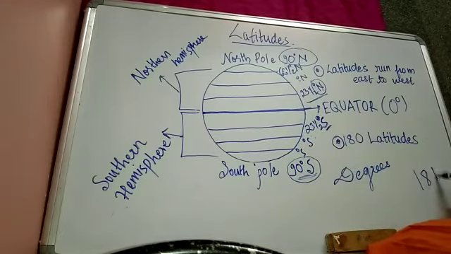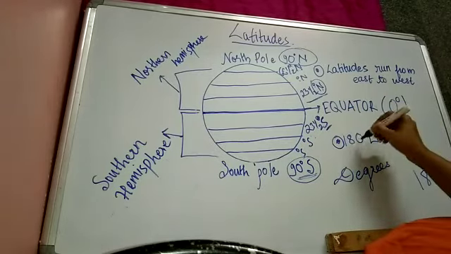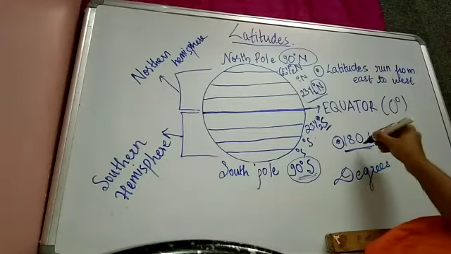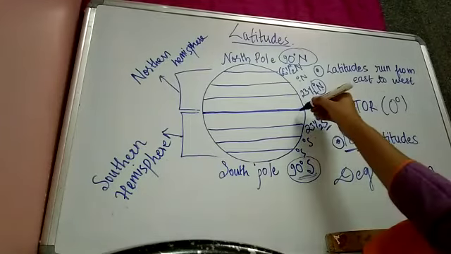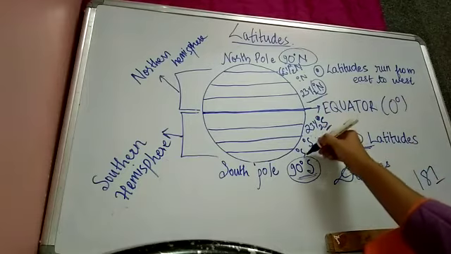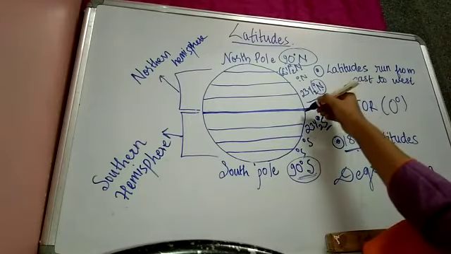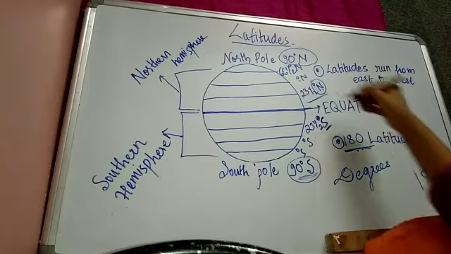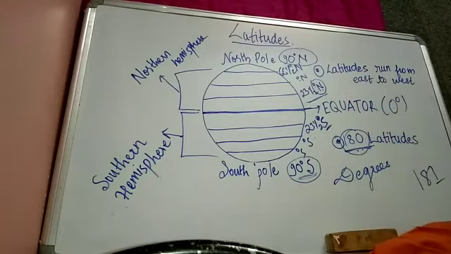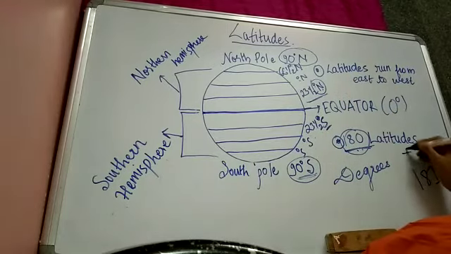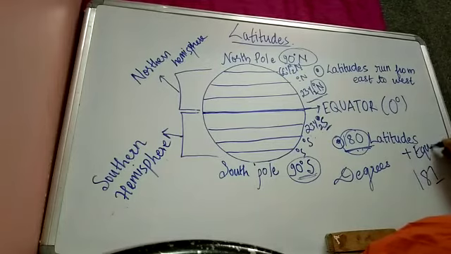There are 181 latitudes. Actually there are 180 latitudes, 90 below and 90 above the equator, plus the equator, and hence in total 181 latitudes.